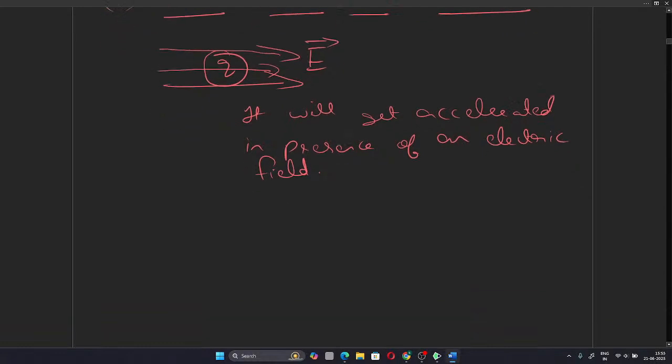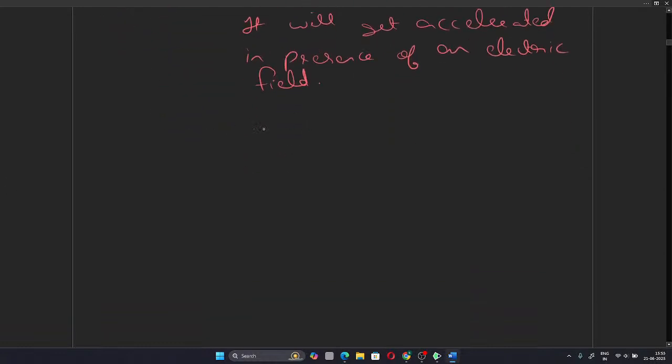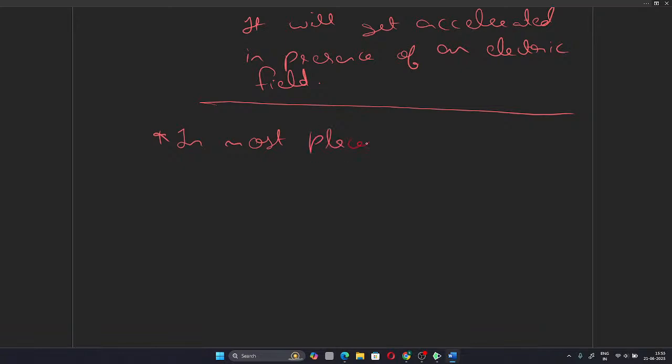But in the real world situation, we can't find free to move charges in most places of the real world.